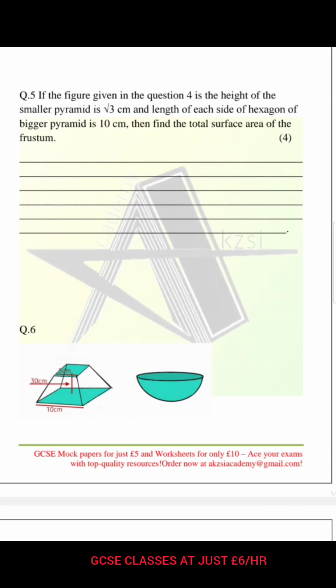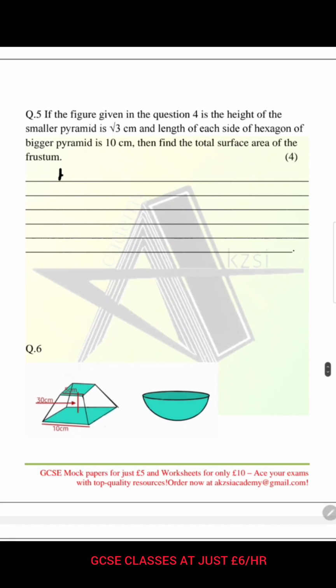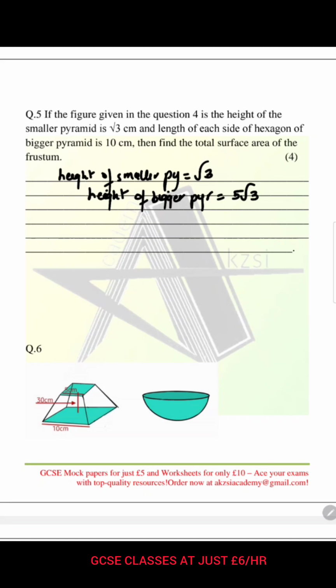So now we do have the length scale factor, which is 5, and what else is given? The height of the smaller pyramid is √3. If the height of the smaller pyramid is √3, and we know the length scale factor is 5, so the height of the bigger pyramid is 5 root 3.